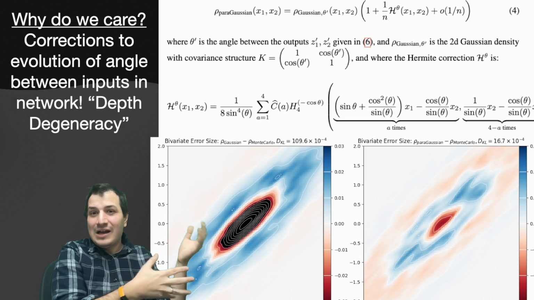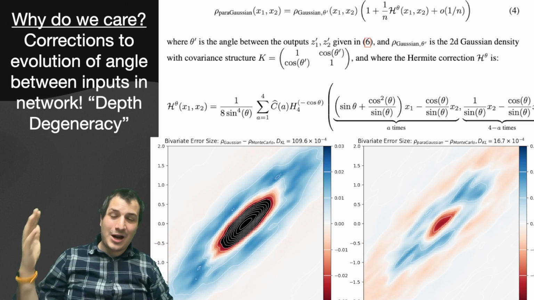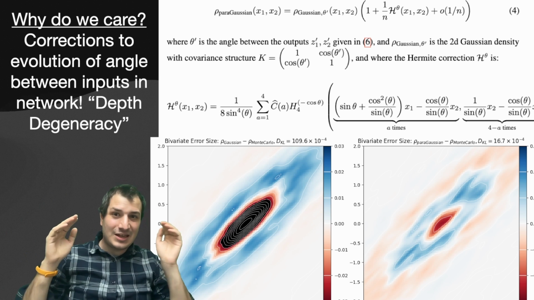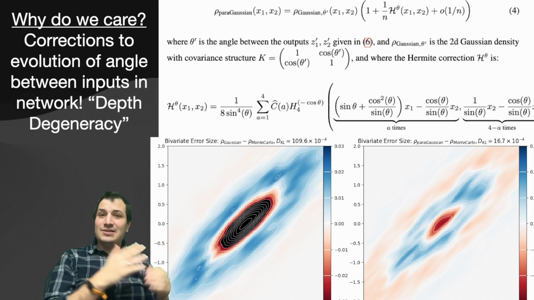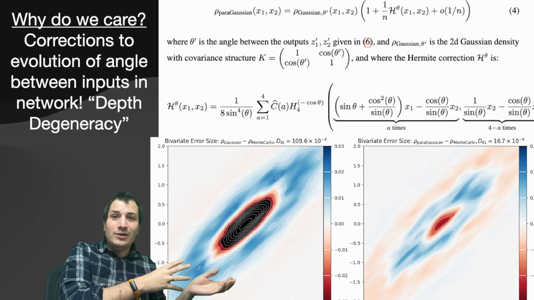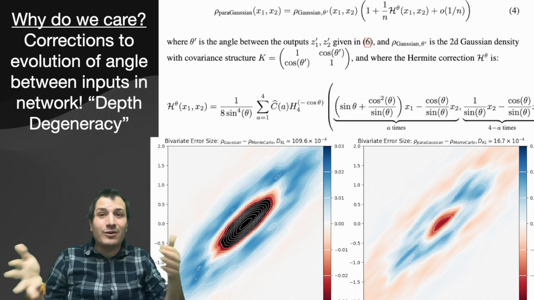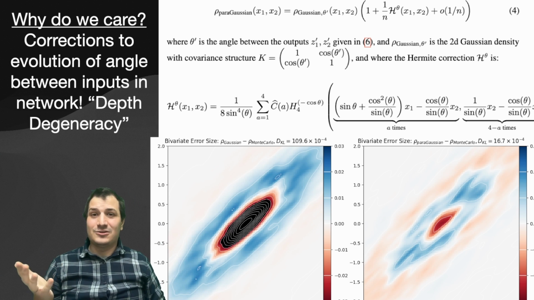The neural network has lost the ability to tell the difference between the cat and the dog. And of course, this is a real problem for neural network training. This is one of the reasons people use skip connections. Skip connections help with this problem a lot, but in a very deep network, it can still add up. So this is an important step, like a theoretical tool for understanding these kinds of network degeneracy problems that come up in very deep networks because small errors add up over many, many layers.